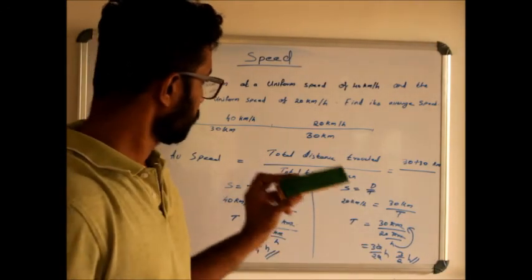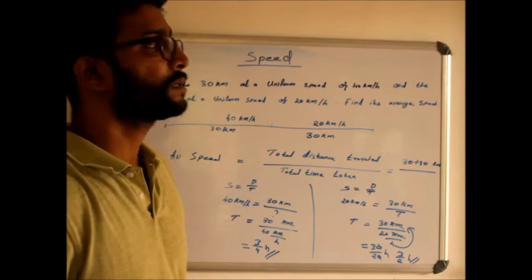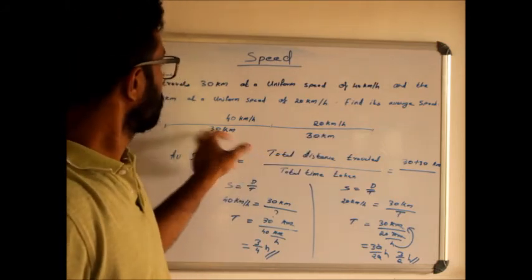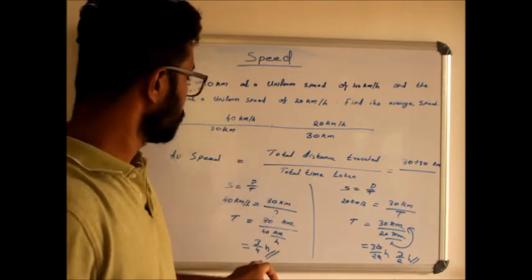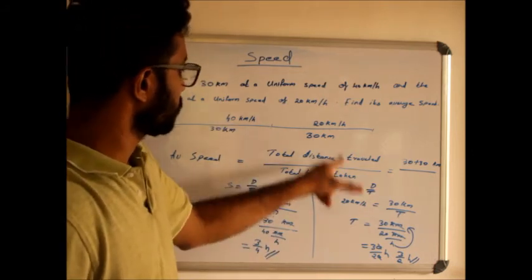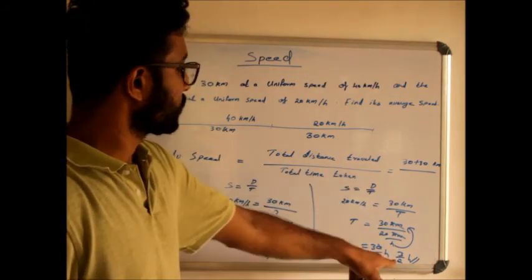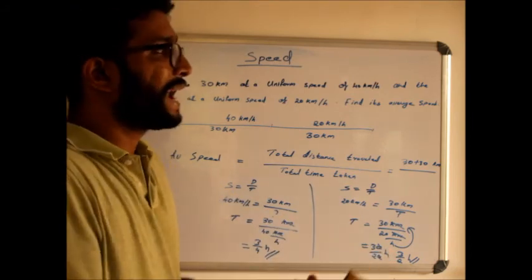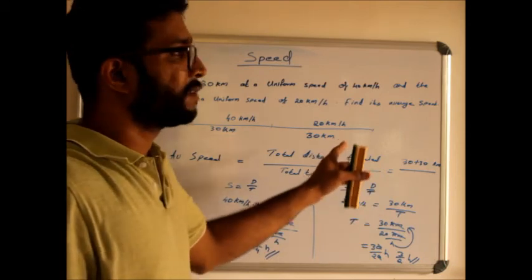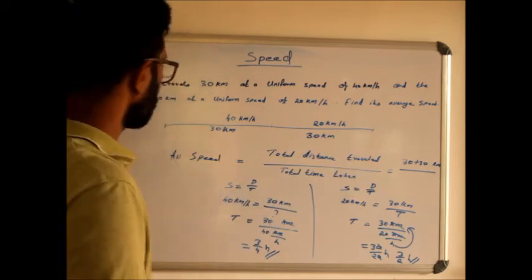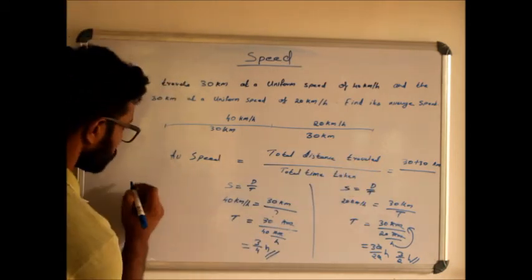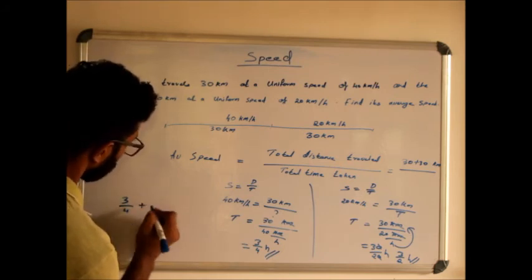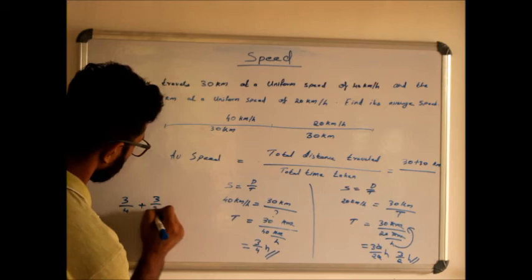So we got the time taken for both. For the first 30 kilometer it takes 3 by 4 hours, and the second 30 kilometer takes 3 by 2 hours. So by adding these two, we will get the total time taken. So 3 by 4 plus 3 by 2.